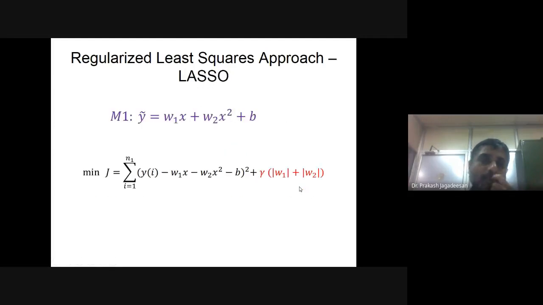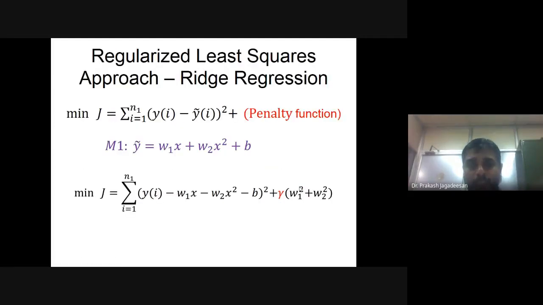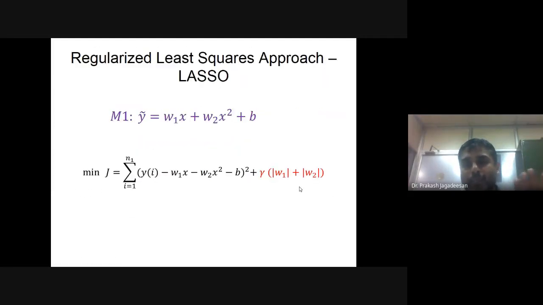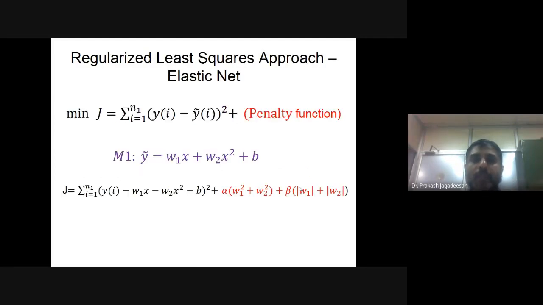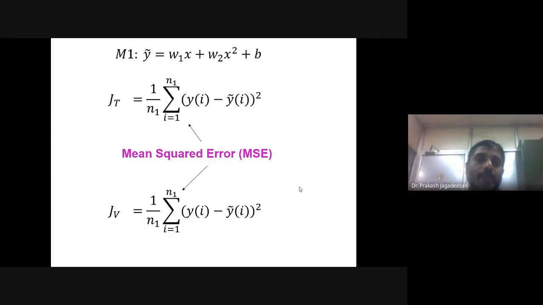So in the case of ridge, gamma is the hyperparameter. In Lasso also, gamma is the hyperparameter. Whereas in the case of elastic net, there are 2 hyperparameters, alpha and beta, which one has to determine using cross validation. So it is the sum of squared errors plus the penalty function.